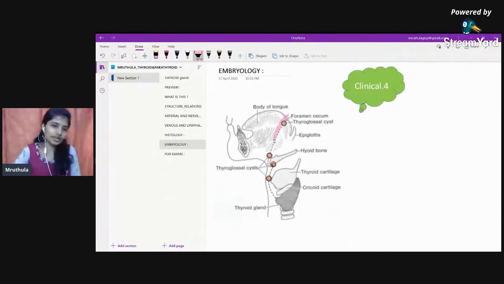As I'm showing you, it comes down, and as it comes near the hyoid bone, it is initially on the anterior aspect, and then it goes a little posteriorly to go retrohyoid. What is retrohyoid? Posterior. Retro means posterior, and then again it comes to the anterior aspect. So then it is coming to the front of the thyroid cartilage, and then it comes down to reach the thyroid gland.